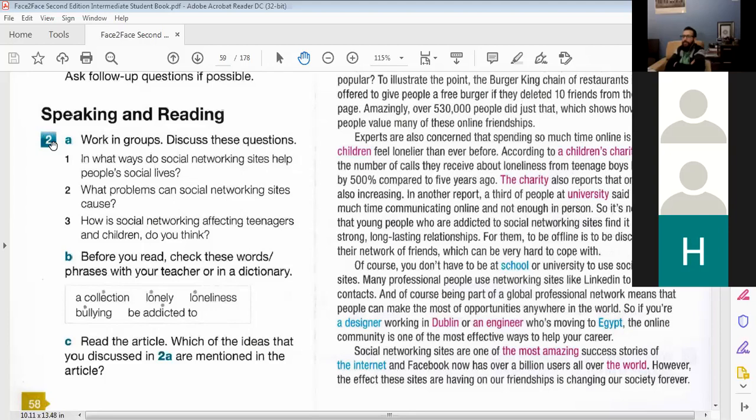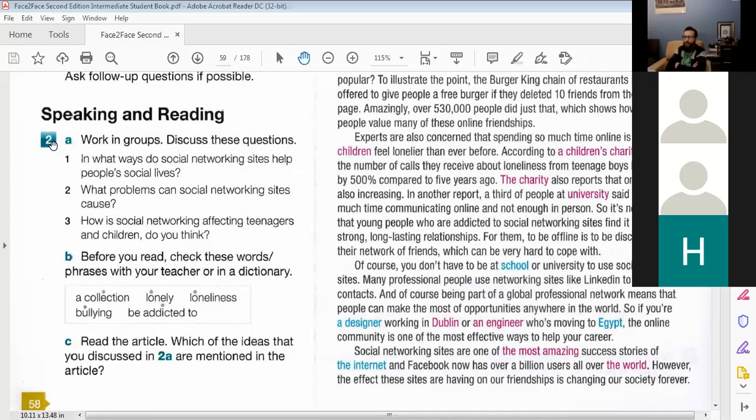What about the effect of social media and social networking on young people, children, teenagers? What do you think? Maybe the good thing is to know the news about your friends. Maybe you don't have time to ask about them, but when you open your Facebook, you know all the news about them.